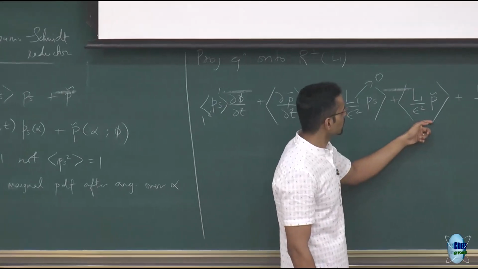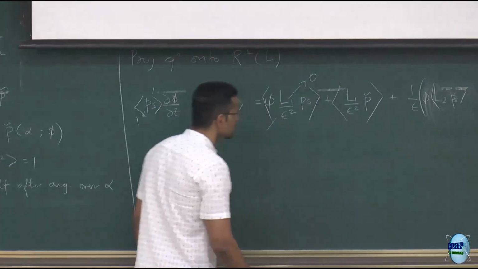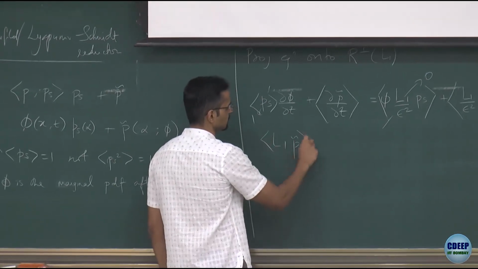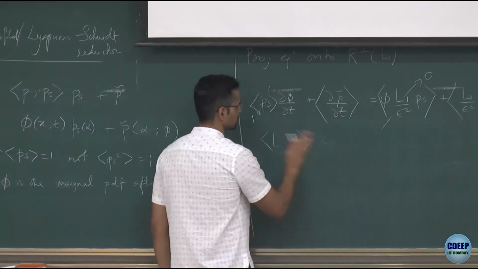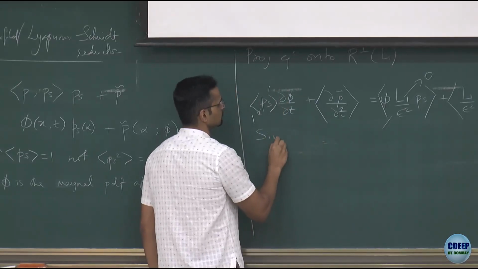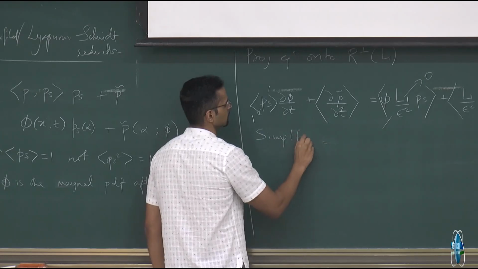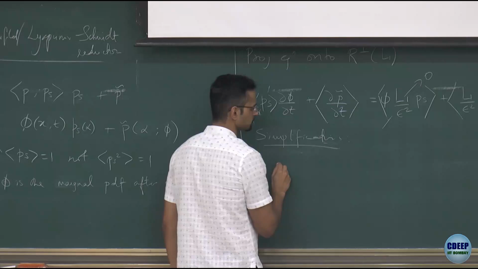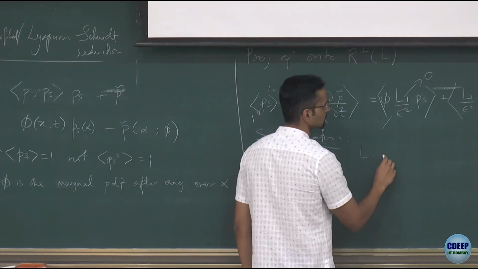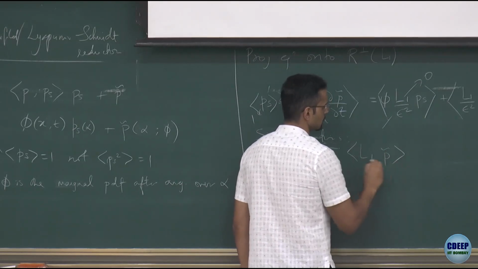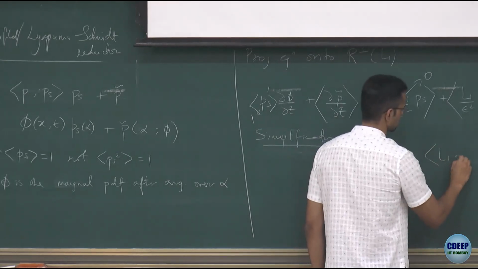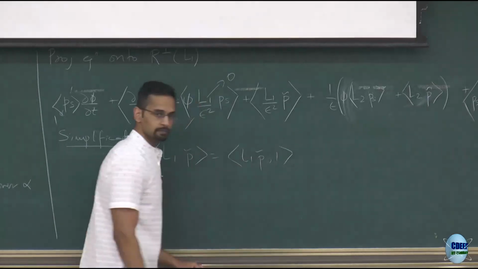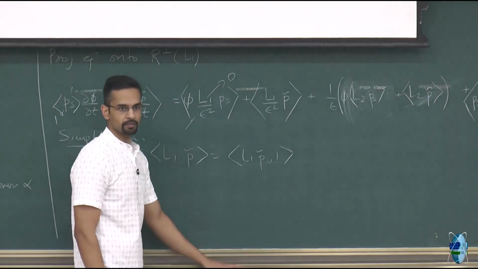Okay. So let's look at this guy now. So if I say L1 P tilde, okay, so some simplifications. This is the same as taking the inner product with 1.